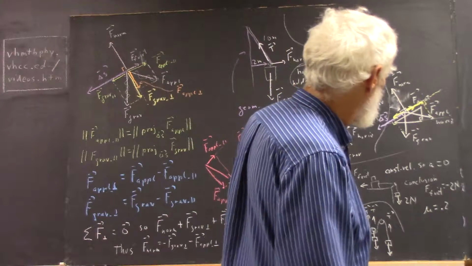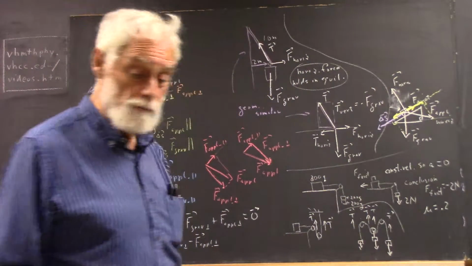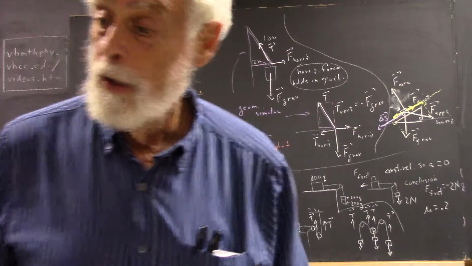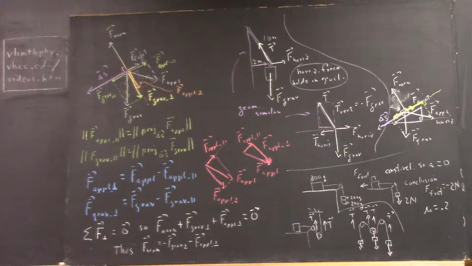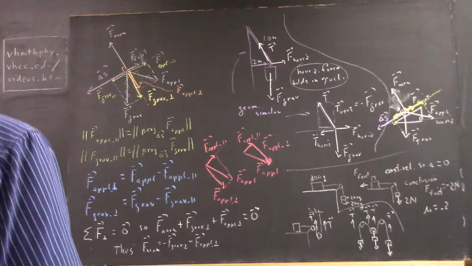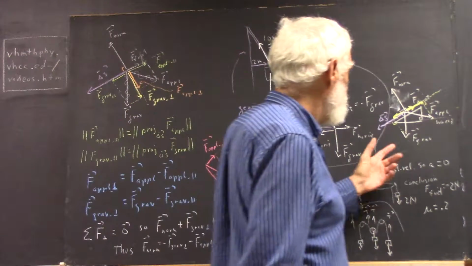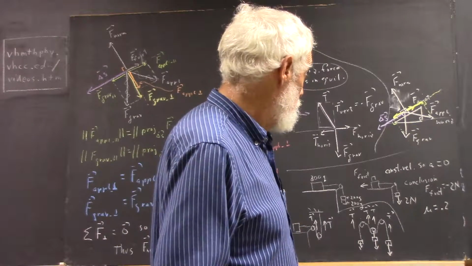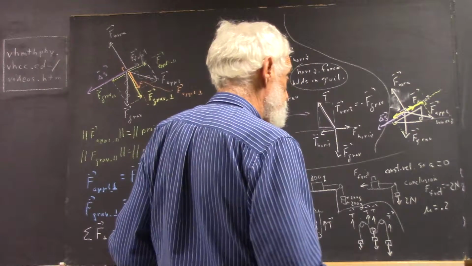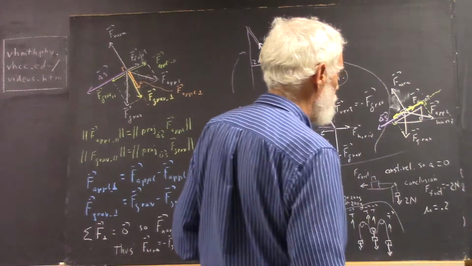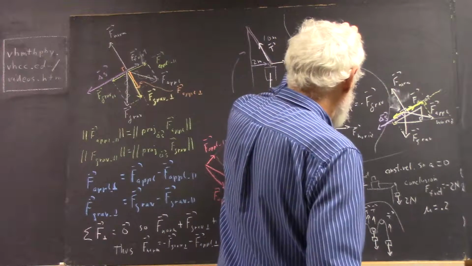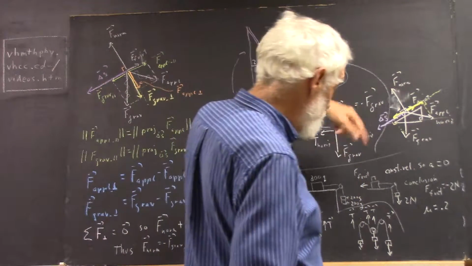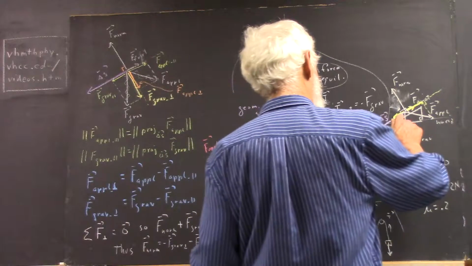Okay? Well, the next thing I asked was, okay, let's get the vectors. So let's get the component of each vector perpendicular to delta S. Right here's your F grav. The component perpendicular to delta S would be the vector from here to here.